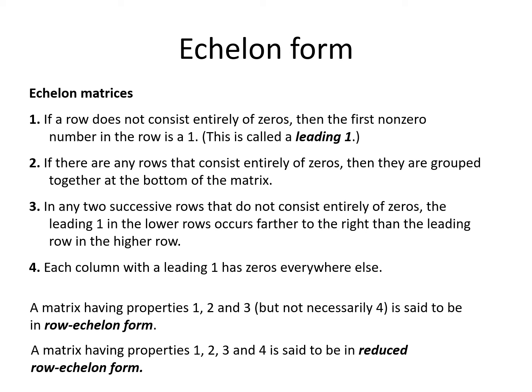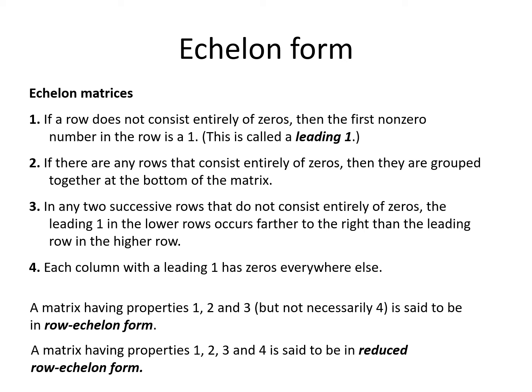That is the definition. If any matrix satisfies these four conditions, you may say that the matrix is in echelon form. The four conditions are: first non-zero number in the row is a 1, called the leading one; rows consisting entirely of zeros are grouped together at the bottom of the matrix; in any two successive rows that do not consist entirely of zeros, the leading one in the lower row occurs farther to the right than the leading one in the higher row; and each column with a leading one has zeros everywhere else.